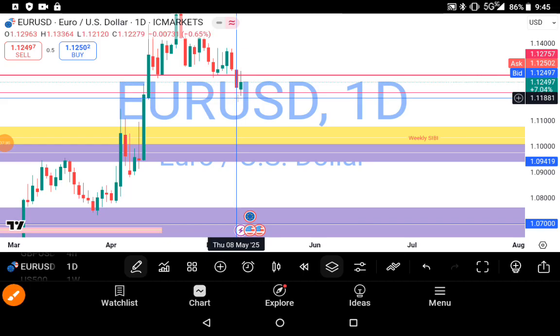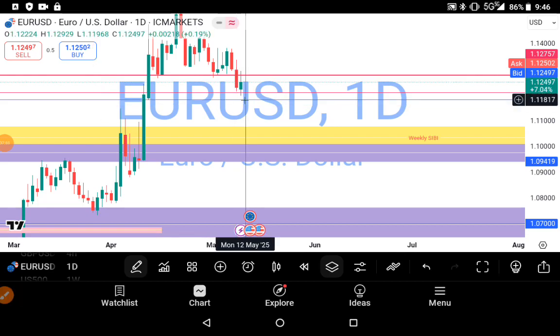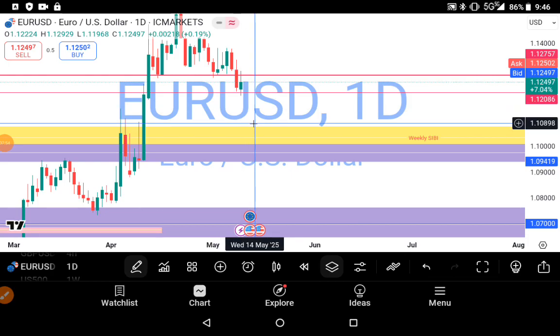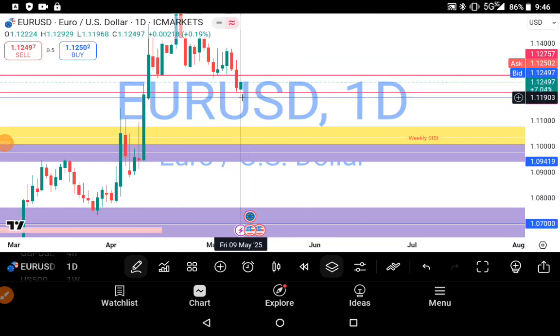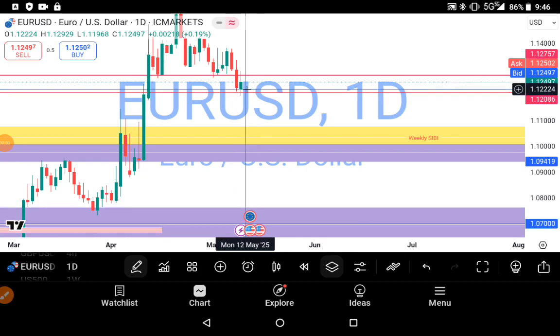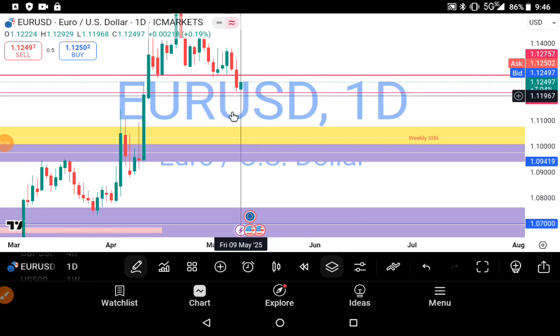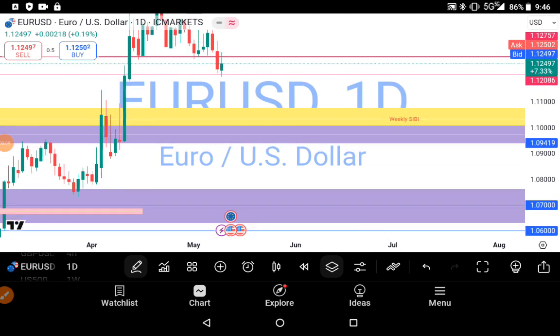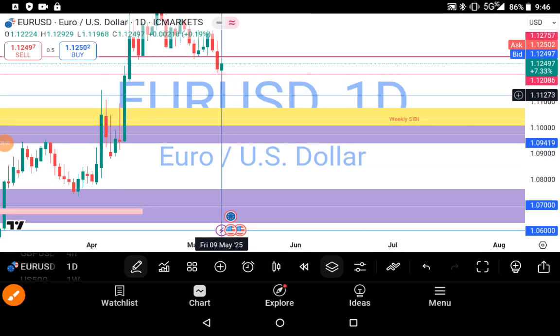The low of this candle comes in at 1.12120, while the next candle, which is Friday's candle, comes in at 1.11968.